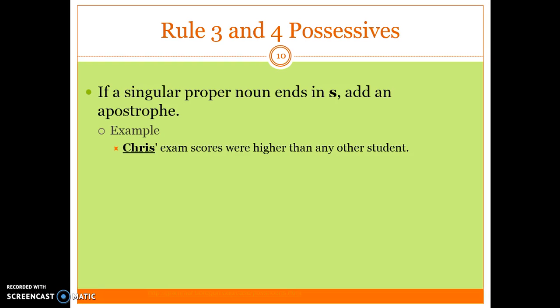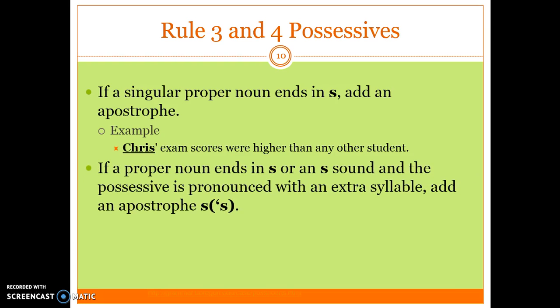In rules 3 and 4, again, if a singular proper noun ends in an S, you add an apostrophe, which is what we're doing here. Chris' exam scores were higher than other students'. Now, if a proper noun ends in the S or S sound, and the possessive is pronounced with an extra syllable, you add an apostrophe S to show possession.